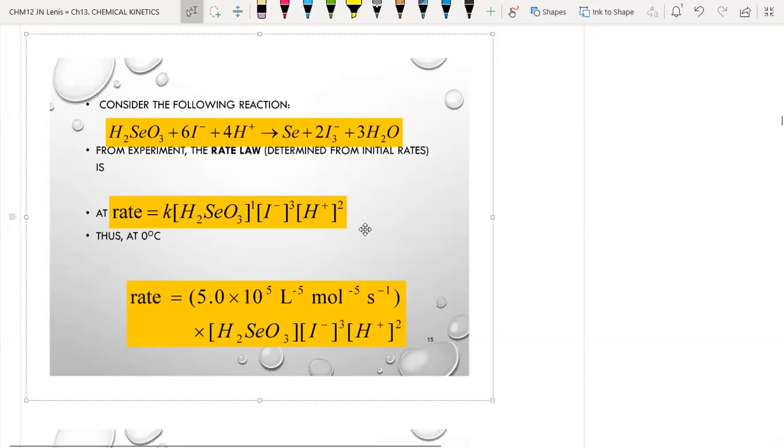How do you read this? According to this experimental rate law, this reaction is first order with respect to the concentration of this compound. That's the meaning of this exponent. That's the order. You say it's first order. You don't say order 1. You say first order, because orders can be zero order, first order, second order, or third order.